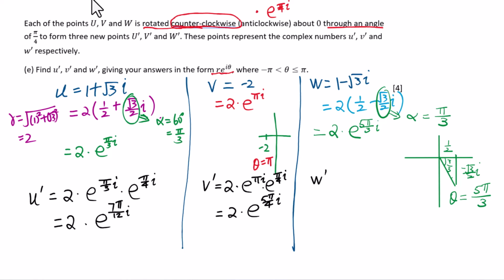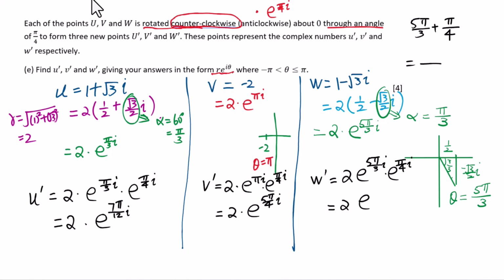For w prime equals 2 times e to the power of 5 pi over 3 i times e to the power of pi over 4 i equals 2 times e to the power of 5 pi over 3 plus pi over 4.